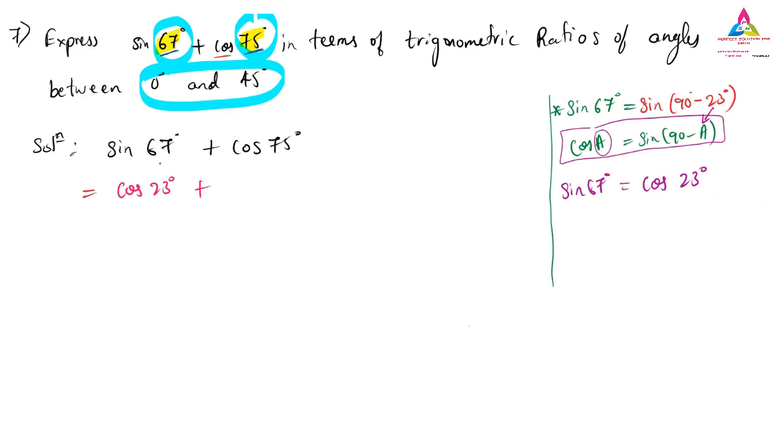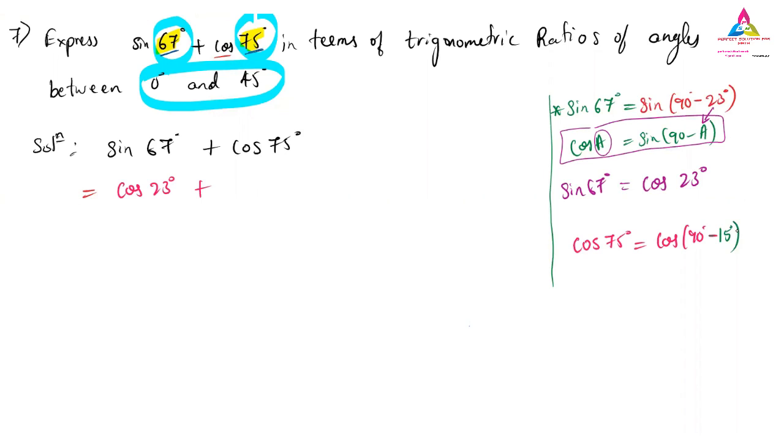And directly you can change that cos 75 in terms of a sine also. Now I will go for the cos 75 degree. That cos 75 degree can be written as cos of 90 minus how much? 90 minus 75 is 15 degree.